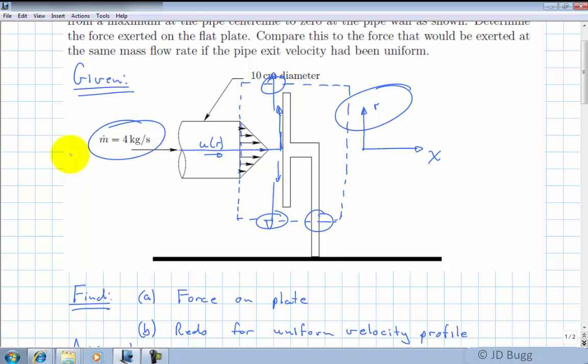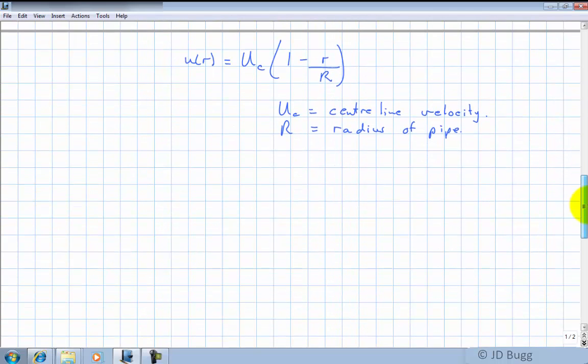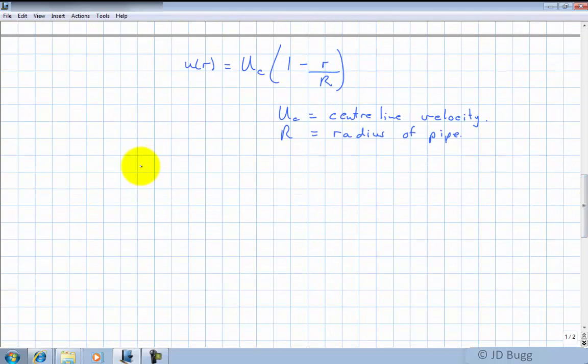So we need to think about conservation of mass here a little bit in order to get that center line velocity, so we can return to our linear momentum equation and calculate the force in this reaction. So that's what we're going to do. So we need to get the center line velocity from the mass flow rate.